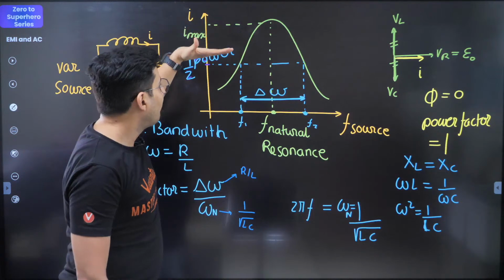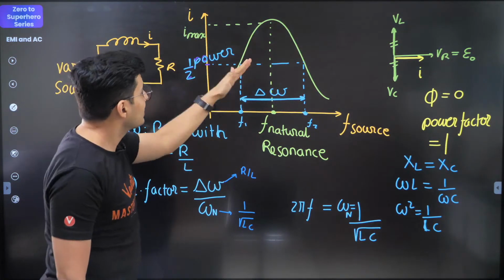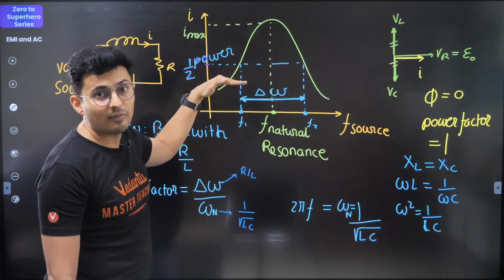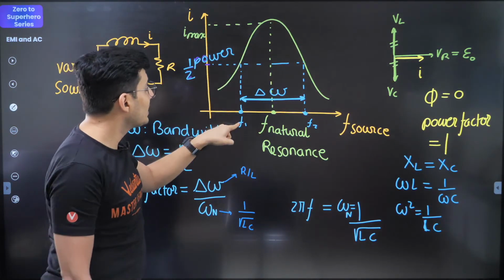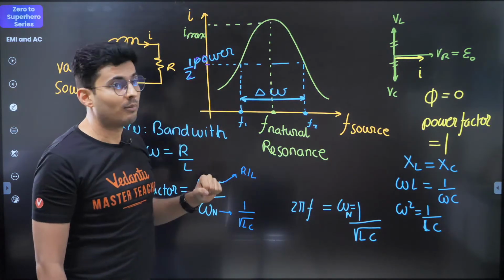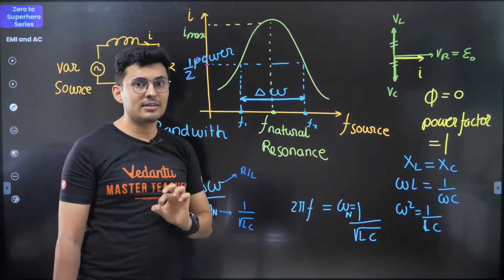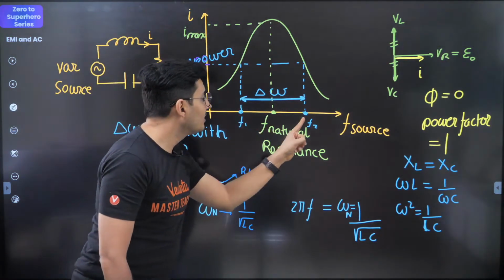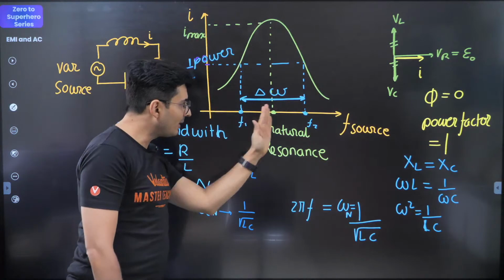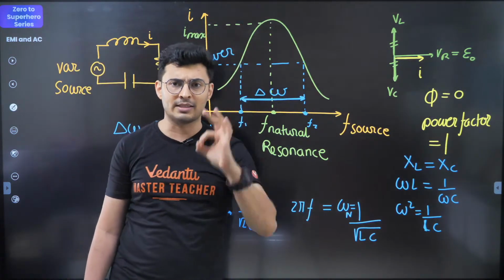There is a value of the source frequency for which the power is half of the maximum value. These frequencies correspond to half the maximum power. So if you are in this frequency range from F1 to F2, your power will be at least 50% of the maximum value.